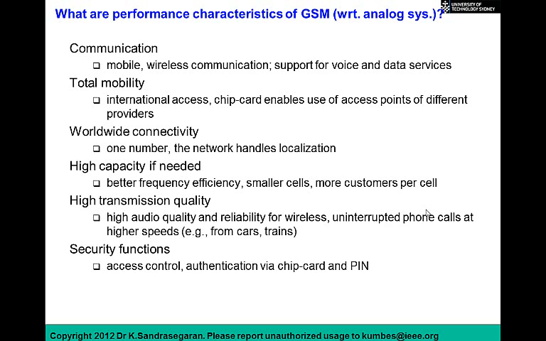That means wherever, as you move throughout the network coverage area, you should be always connected to the network through a wireless channel, and it should be able to support voice and data services. So these are some of the basic requirements in terms of communication. Okay, and also if you move outside the coverage area of your operator, then you should be able to still have access to telecommunication services.